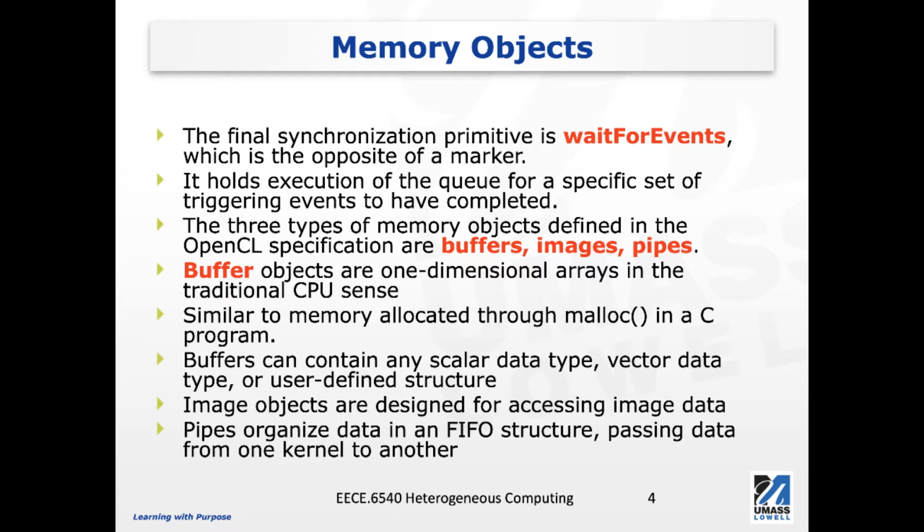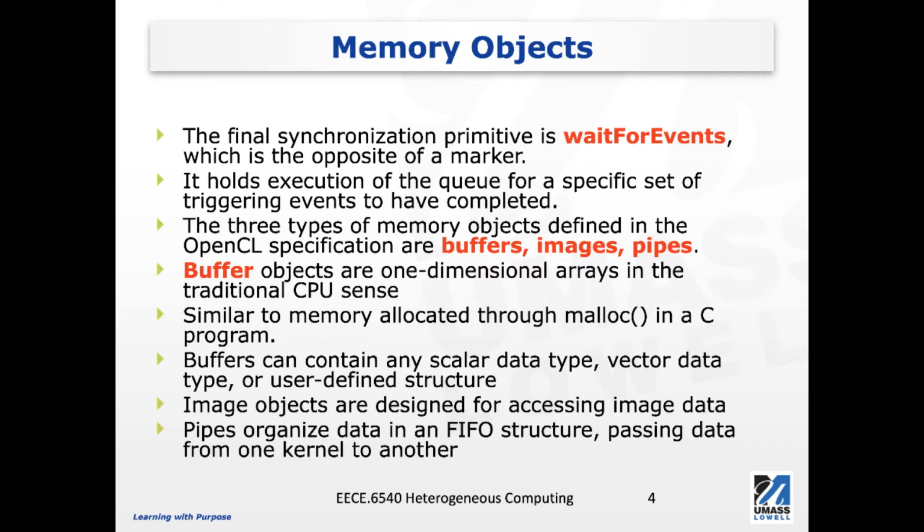We're looking here at three types of memory objects, and mostly we're going to look at buffers in this lecture. Although we have touched upon image objects in the previous lectures, pipes are something new in OpenCL 2.0, and we're going to spend a dedicated session on that.